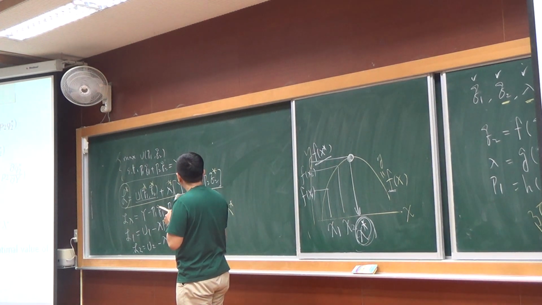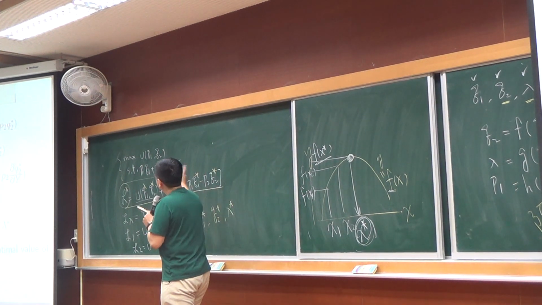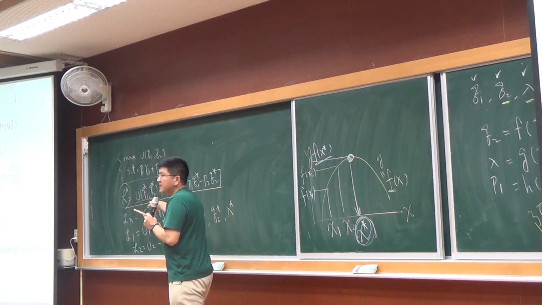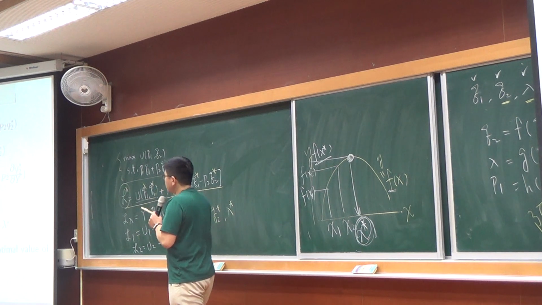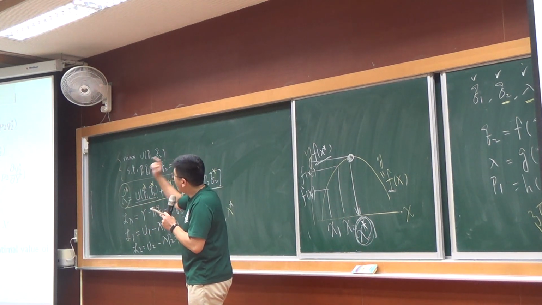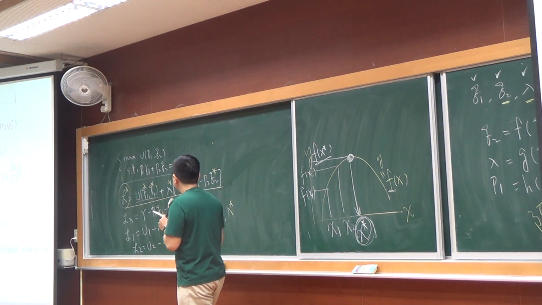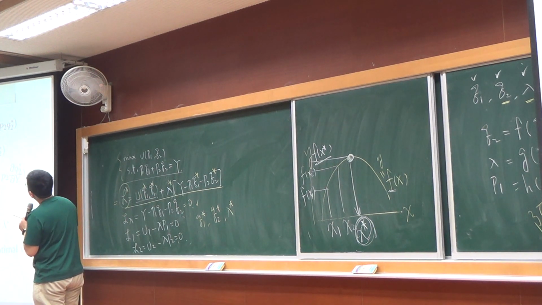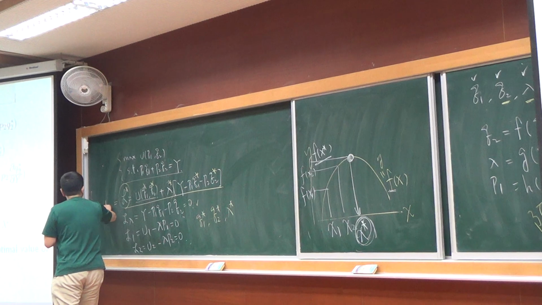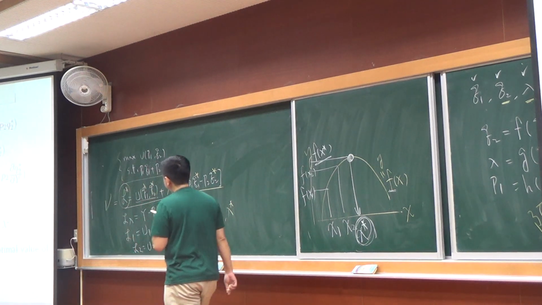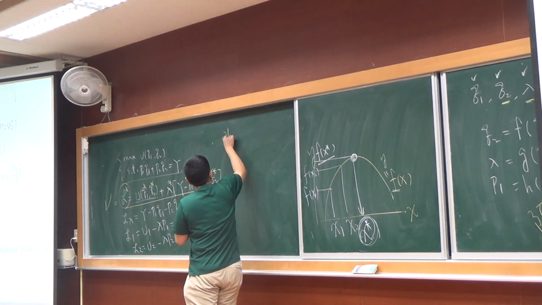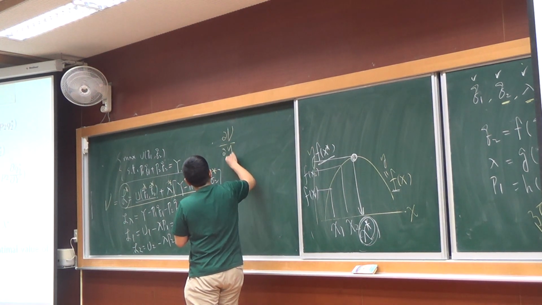And if we differentiate this function with respect to y, so now we call it nu. So we do partial nu, partial y.